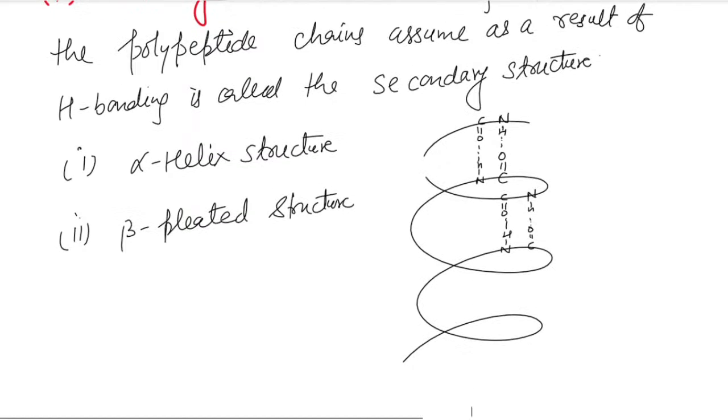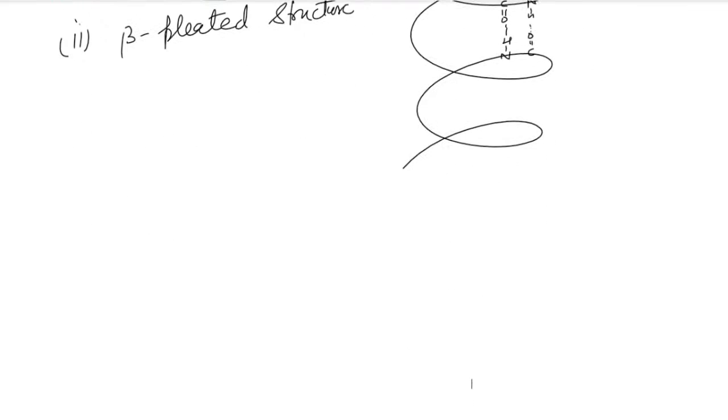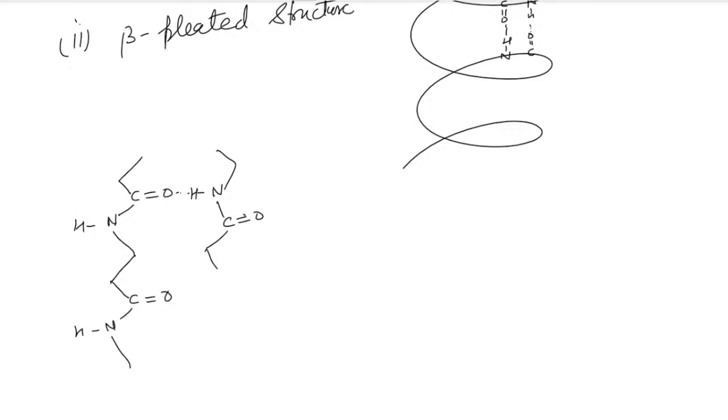And in case of beta pleated, we have CO, NH, CO, NH, and so on, on the same line, then it is CO, NH, CO, like this.